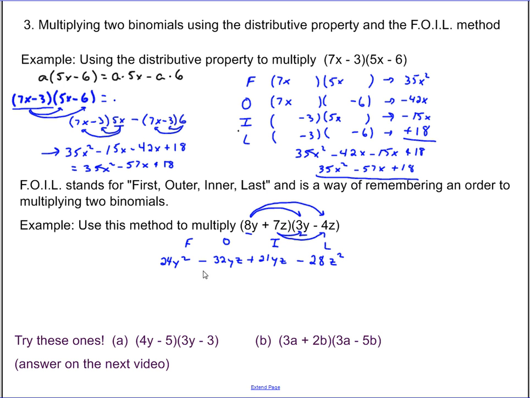So when we add together our like terms, negative 32 plus 21, we're going to get 24y squared minus 11 times y times z minus 28z squared as the result.